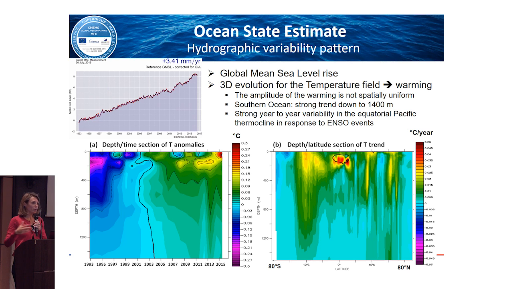We can see that the amplitude of the warming is not spatially uniform. For example, the southern oceans show a strong trend down to 1400 meter depth. The trend is about 0.02 degrees Celsius per year. Also, we have a strong year-to-year variability in the main thermocline, which is mainly related to what is going on in the Pacific thermocline in response to the different ENSO events.